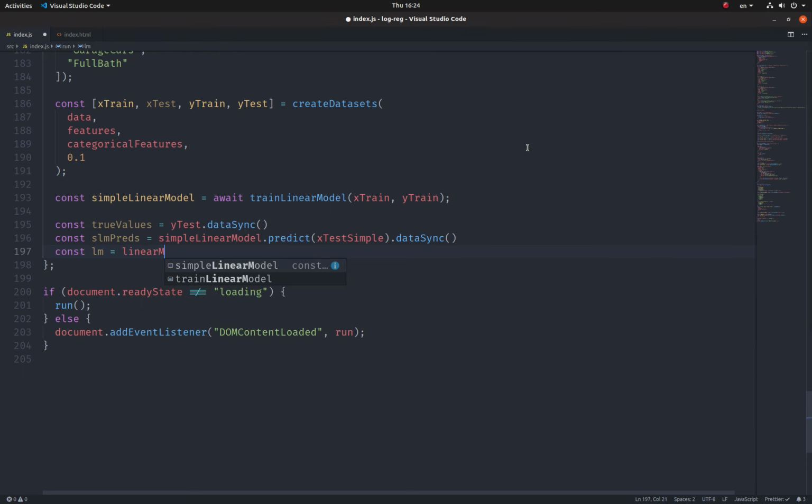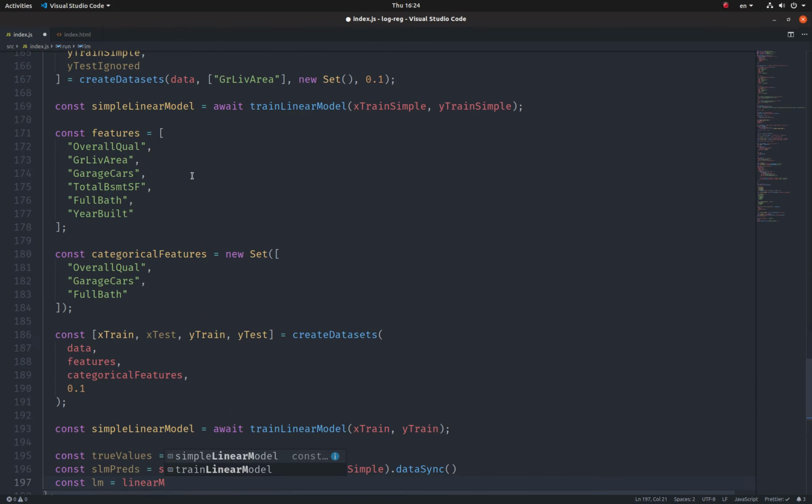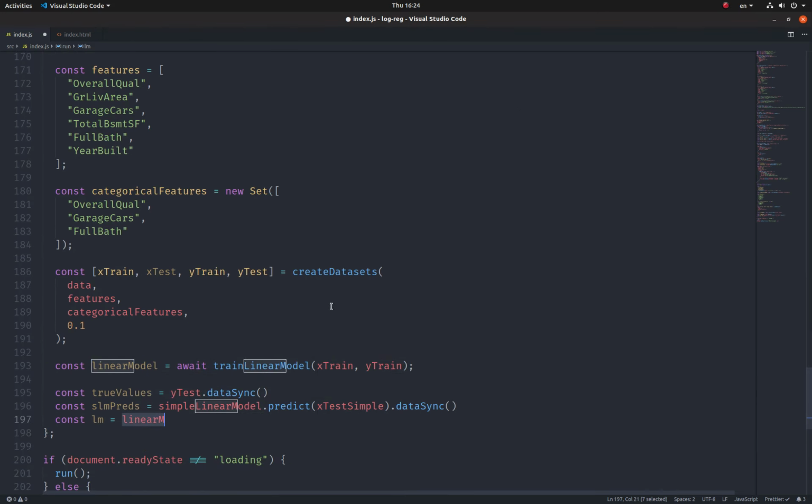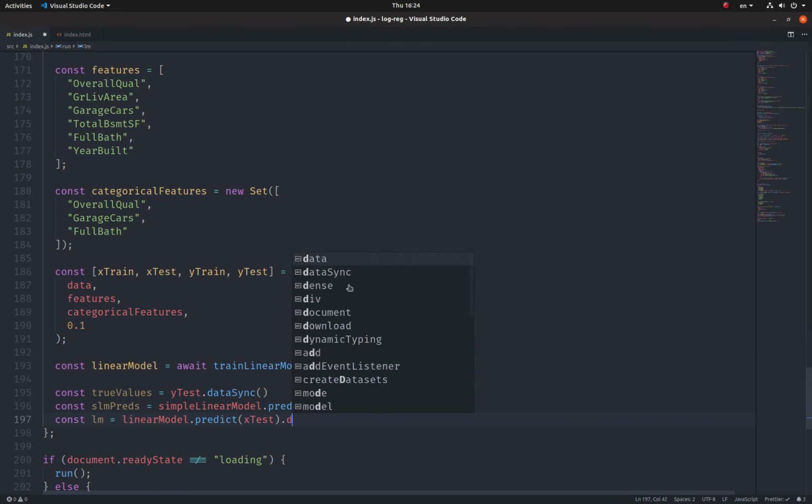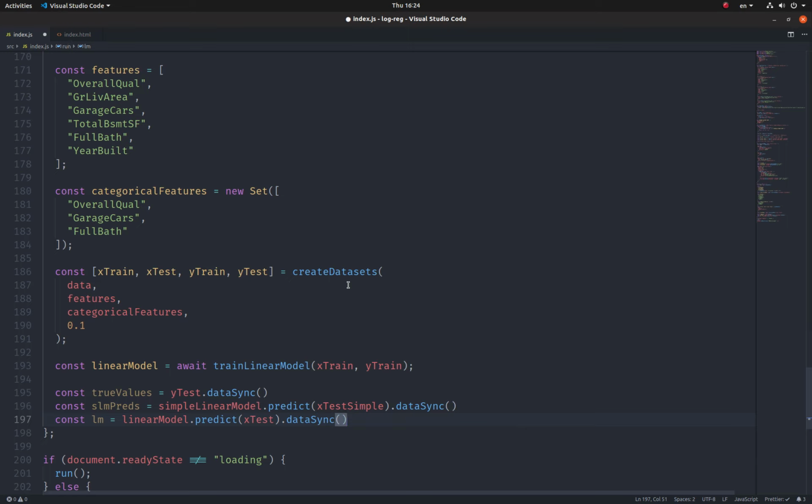And then I'm going to take the predictions from the linear model, which in our case is the regression, the multiple regression itself, and I'm going to call that linear model. And from that, I'm going to predict on the same test set.